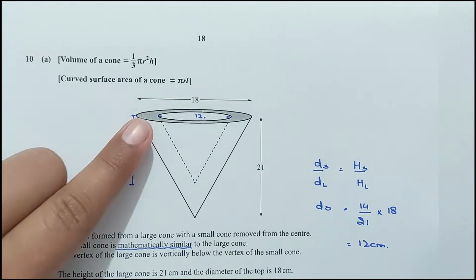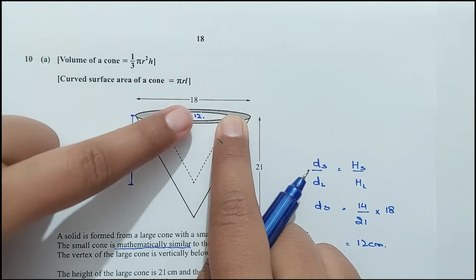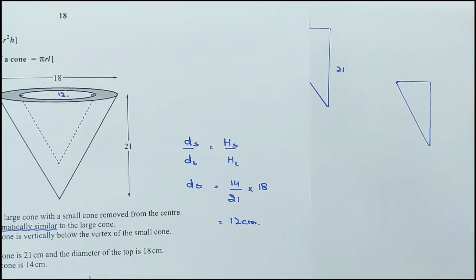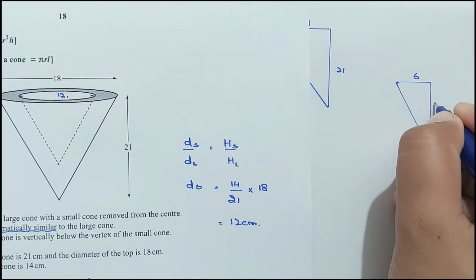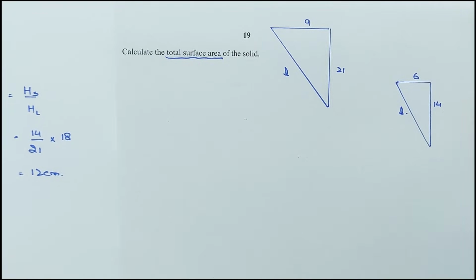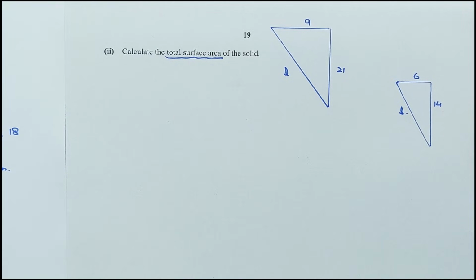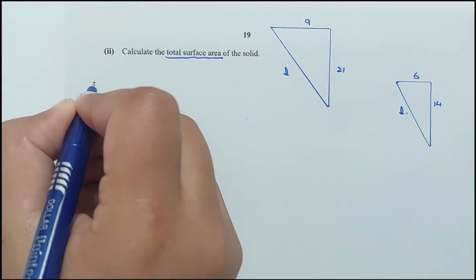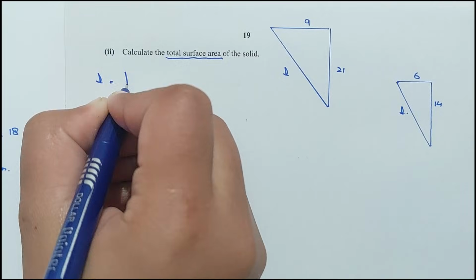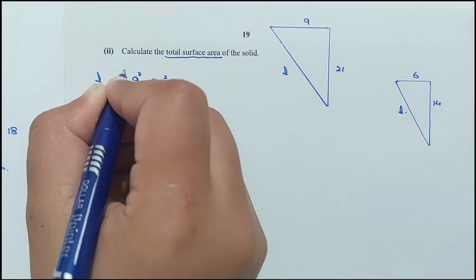For the smaller cone, the diameter is 12, the radius would be 6, and the height would be 14, right? This is 6 and this is 14, and that would be the slant height L, right? Okay, let me solve for the slant heights first. This would be a right angle triangle, so by using Pythagoras theorem, L should equal the square root of 9 squared plus 21 squared, right?